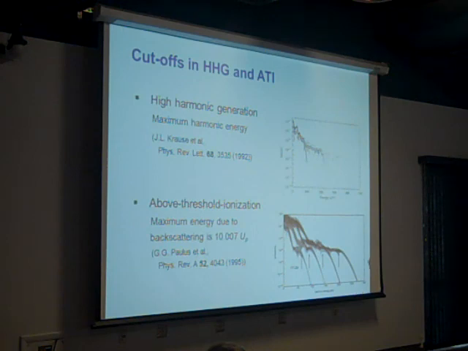But the probability does not immediately vanish. Quantum mechanically, there is not a cutoff that tells you that after 3.17 Up the probability is 0. But the probability drops off exponentially, and that is good enough to believe in this classical picture as a good approximation.